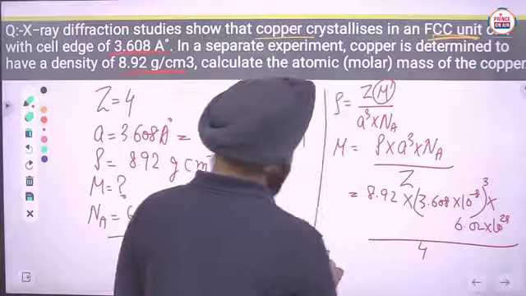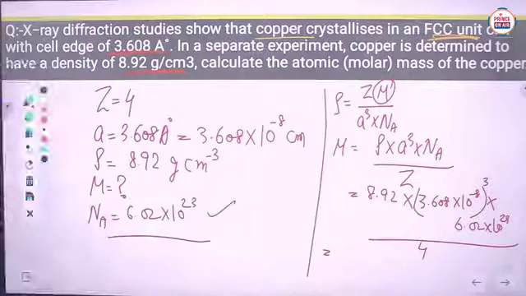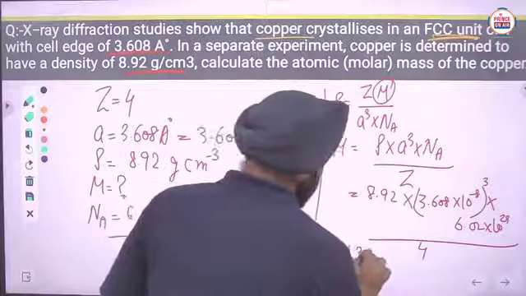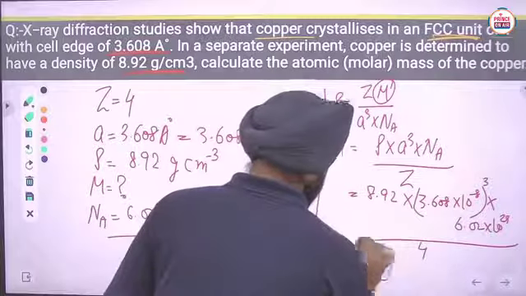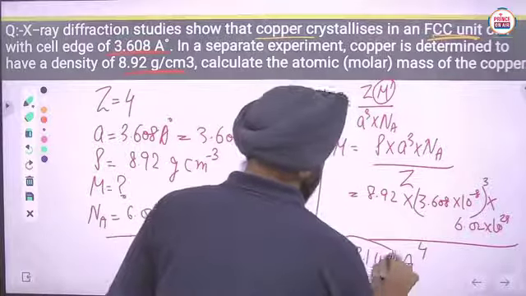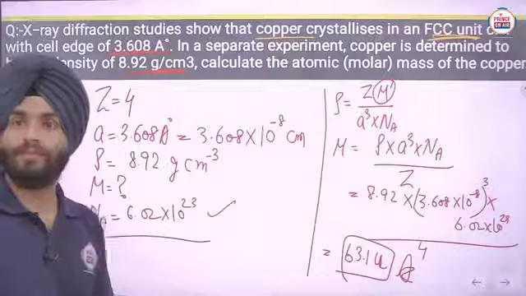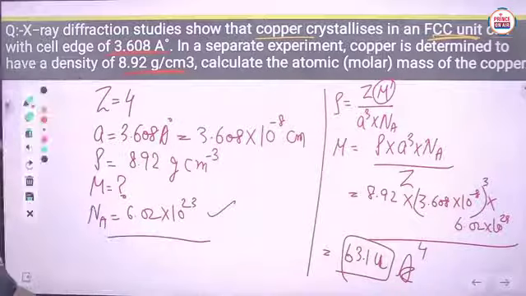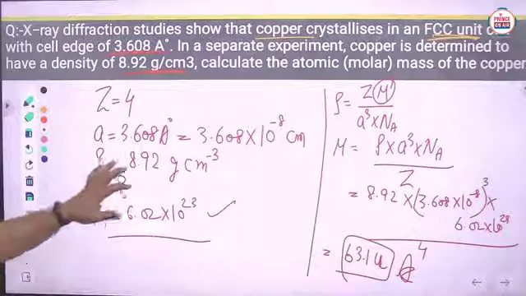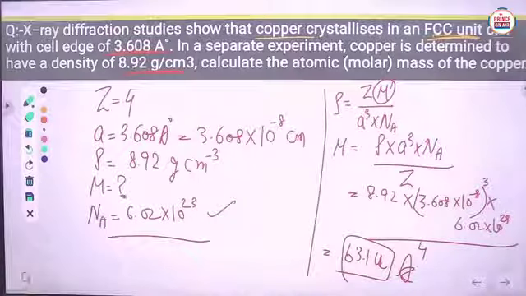So do that calculation. Try to do that calculation here. So the answer will come out to be 63.1 units. Okay, clear? If you want to note it down, you can note it down now.